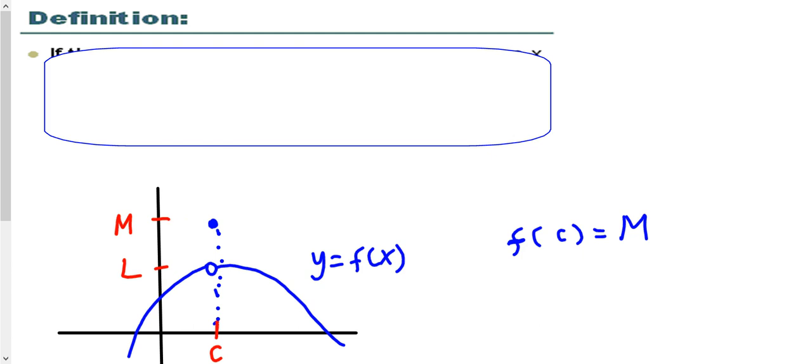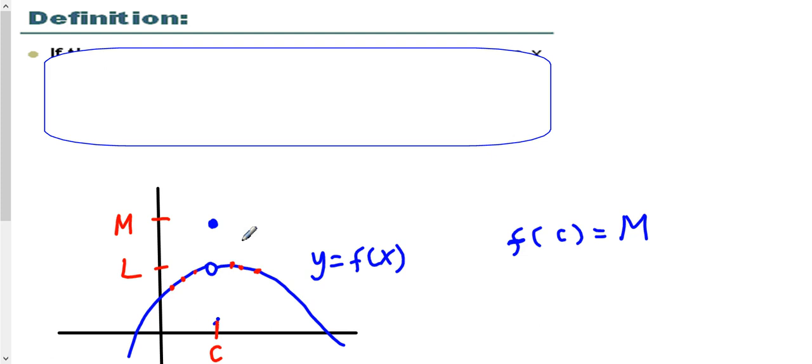Okay, now let's talk a little bit about the limit as x approaches c. When we do that, we will approach from the left-hand side and from the right-hand side. And regardless of what happens at the point c, we want to see what is happening to the y coordinates.